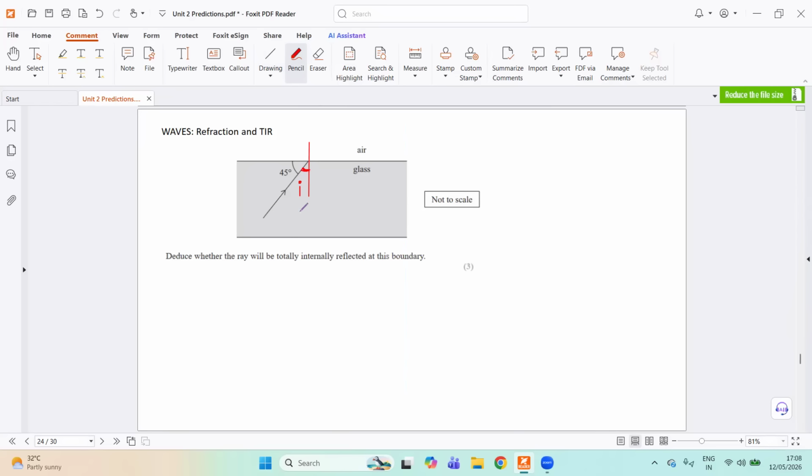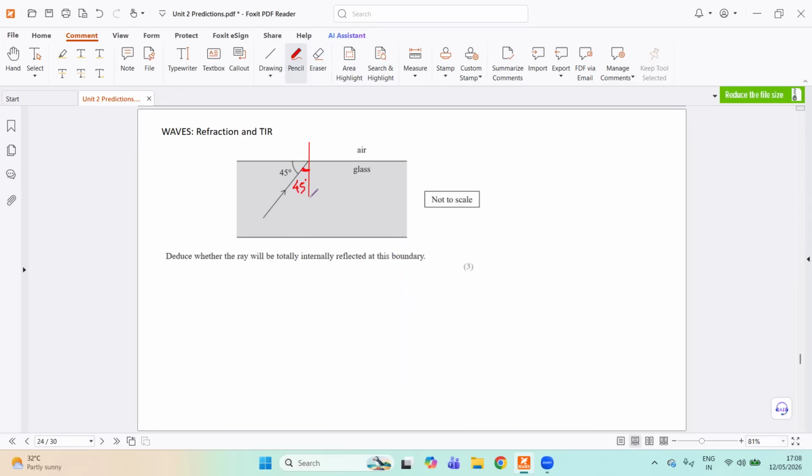Let's say this is I, okay? And you actually find out what this I is. This whole thing is 90, and 90 minus 45 is actually 45, of course. So angle of incidence is 45.